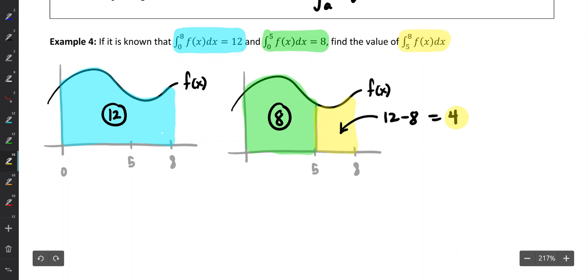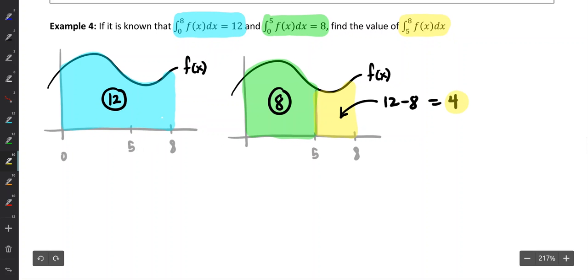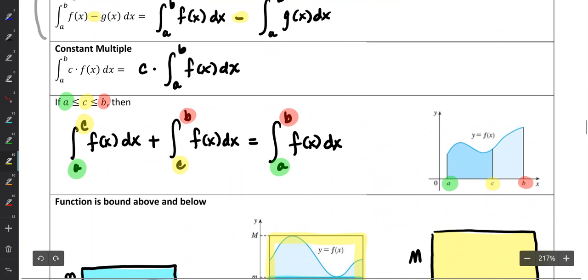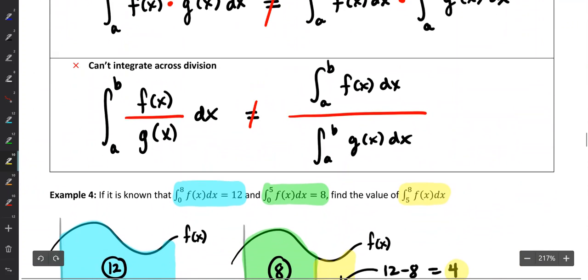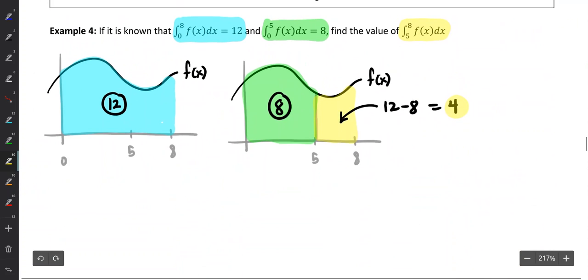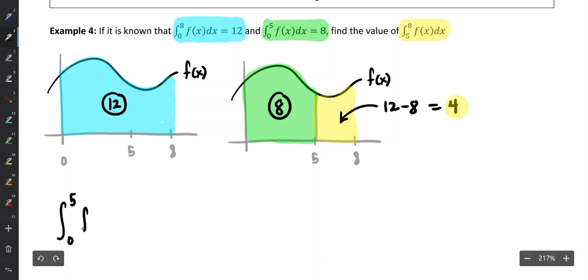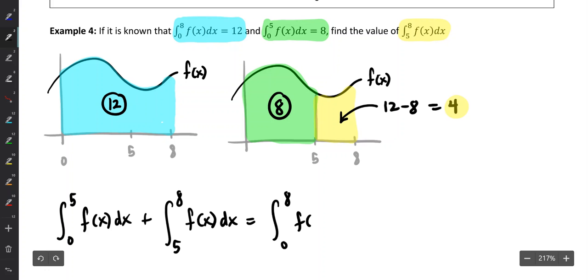Okay? You could also approach this analytically using really this property right here. We could say, hey, I know that integrating from 0 to 5, the area from 0 to 5, plus the area from 5 to 8, has got to be the area from 0 to 8.